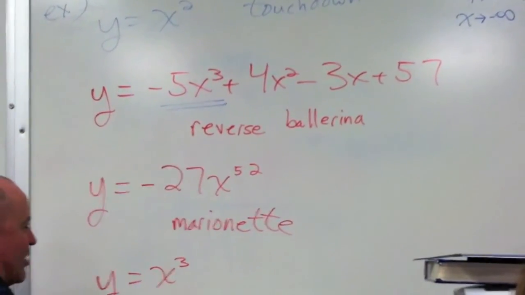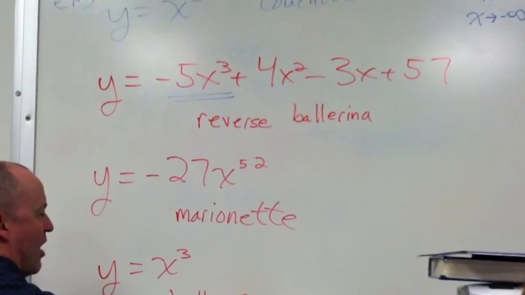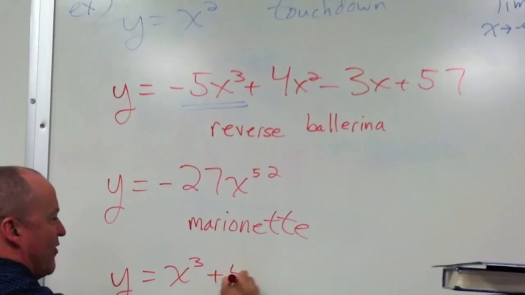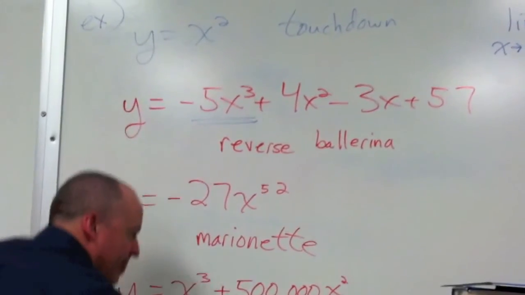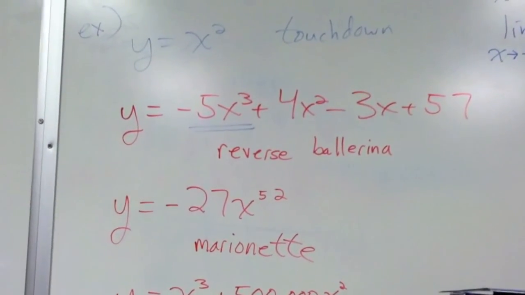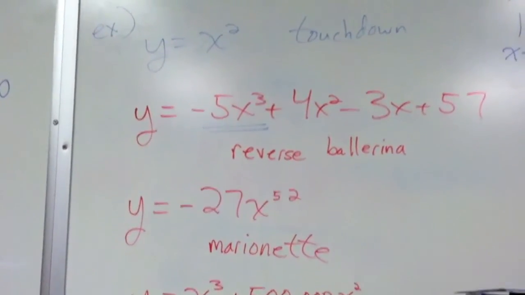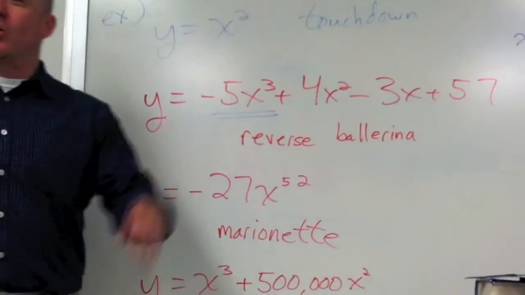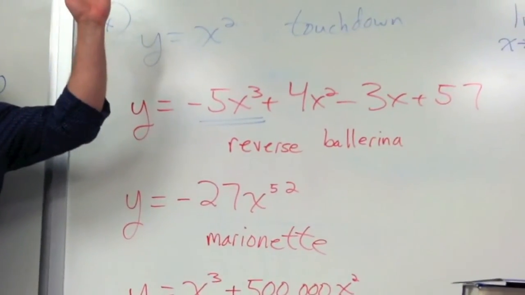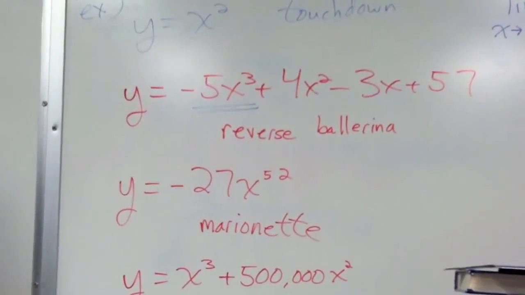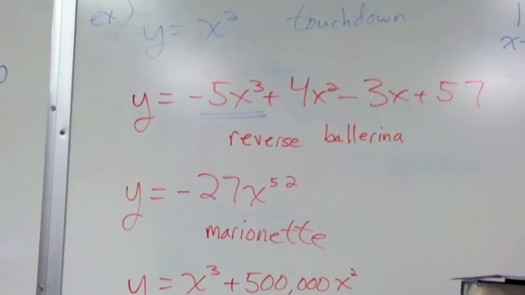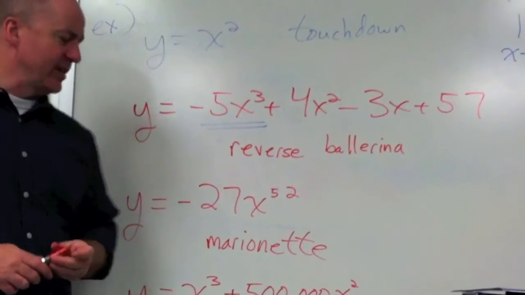Ballerina. What if I make this y equals x cubed plus 500,000 x squared? Still a ballerina. It's going to be a very different shape of a function, but it's still a ballerina. I know it will look like this at its end behavior. This will very much change where that end behavior begins. That's going to be a weird one actually. It's going to have one giant loop, I think.